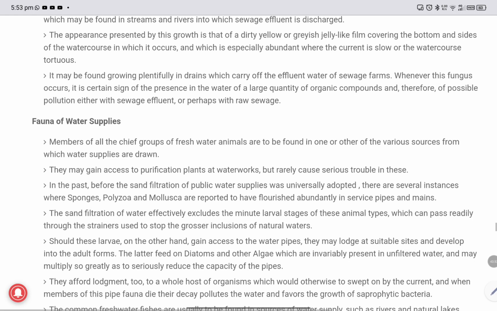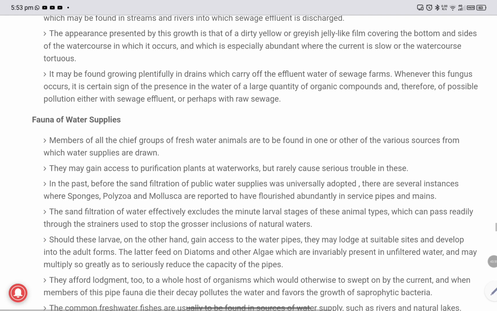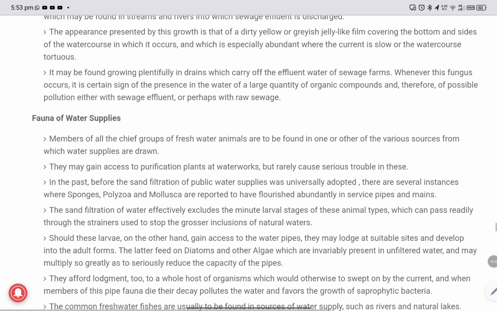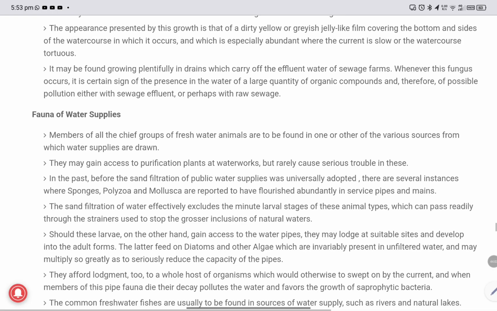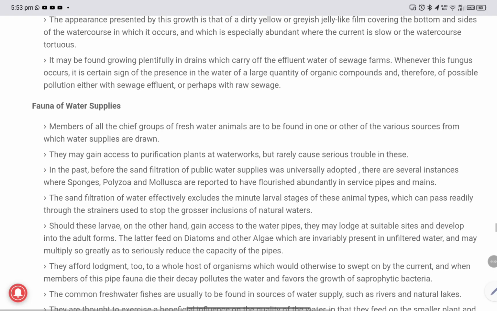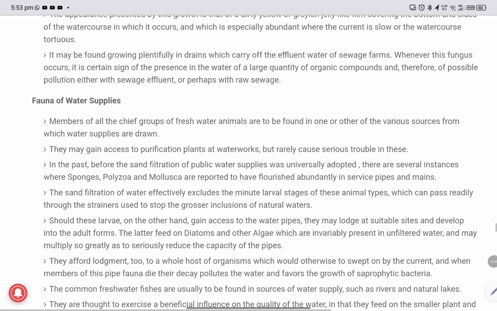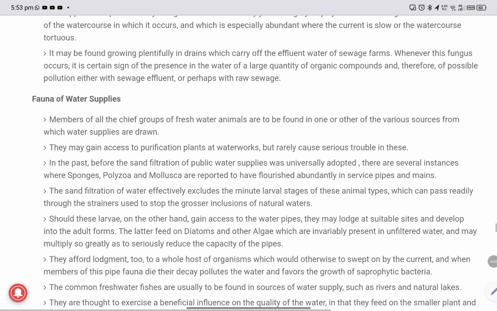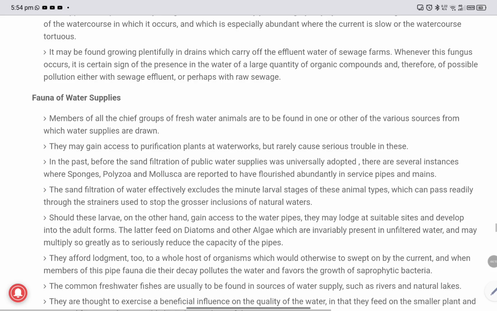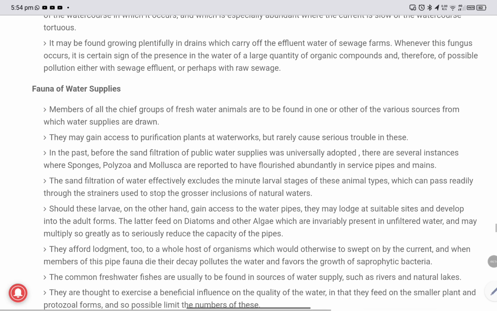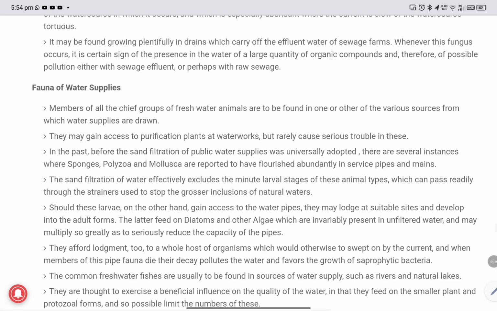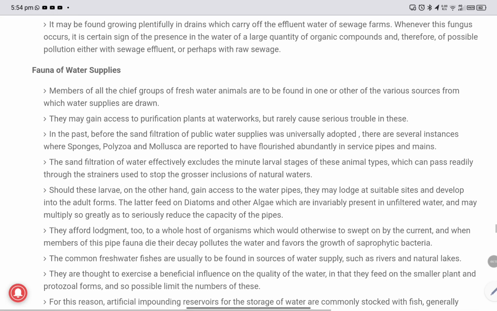It may be found growing plentifully in drains which carry off the effluent water of sewage farms. Whenever this fungus occurs, it is a certain sign of the presence in the water of a large quantity of organic compounds, and therefore of possible pollution either with sewage effluent or perhaps with raw sewage.